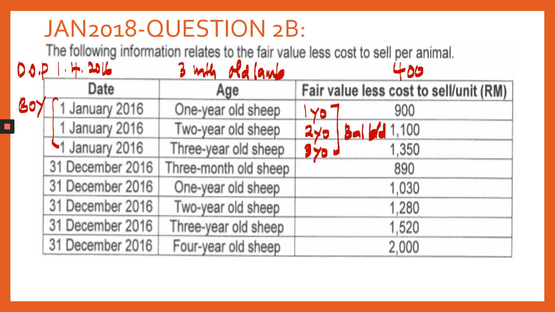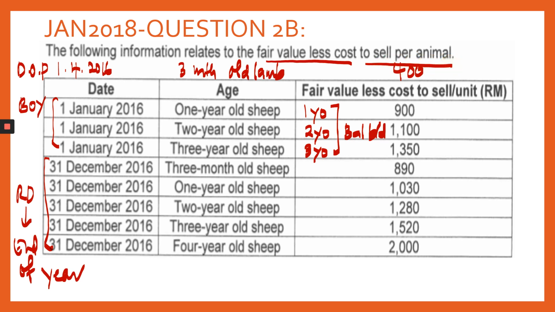These are the prices at the beginning of the year, and the prices here are as at the end of the year or the reporting date. These are the information given to you, which is fair value less cost to sell. For the 3-month-old sheep after a year, the price as at 31st of December is different. For the 1-year-old sheep, a different price.